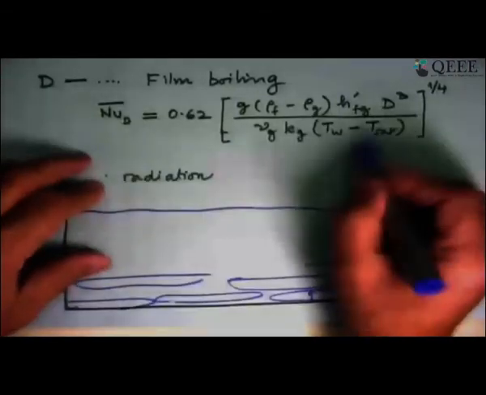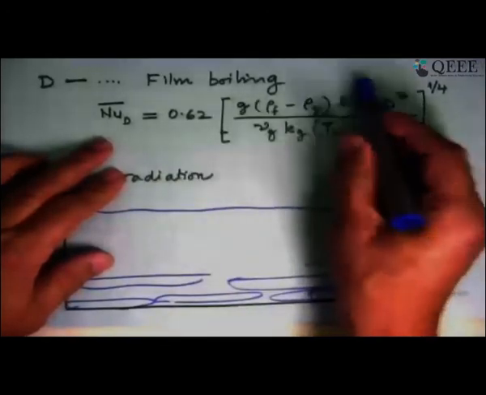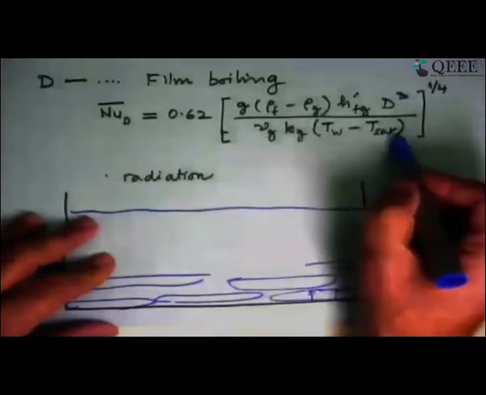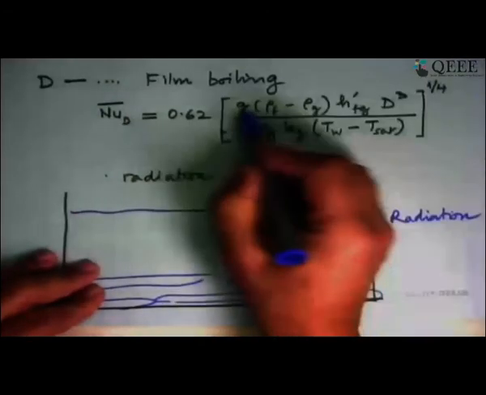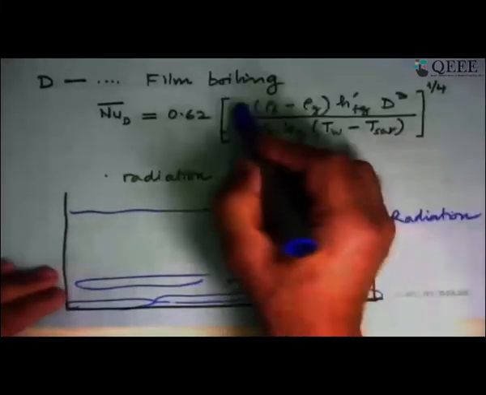In the case of film boiling, the Nusselt number is this function over here. This is g (rho_f minus rho_g) h_fg prime, which is like a modified version of h_fg, divided by mu_g k_g (T_w minus T_sat) d cubed. If you look at this, d cubed and h_fg coming here, or g into (rho_f minus rho_g) and mu in the denominator, it tells us this looks like the Grashof number that we looked at yesterday, where we had a length parameter cubed multiplied by g and density and viscosity coming in.